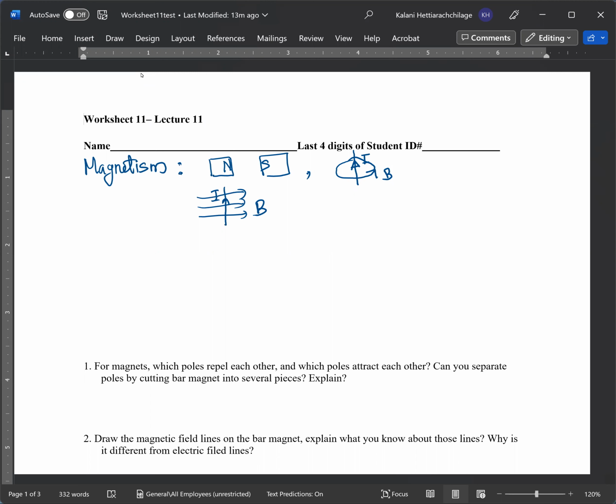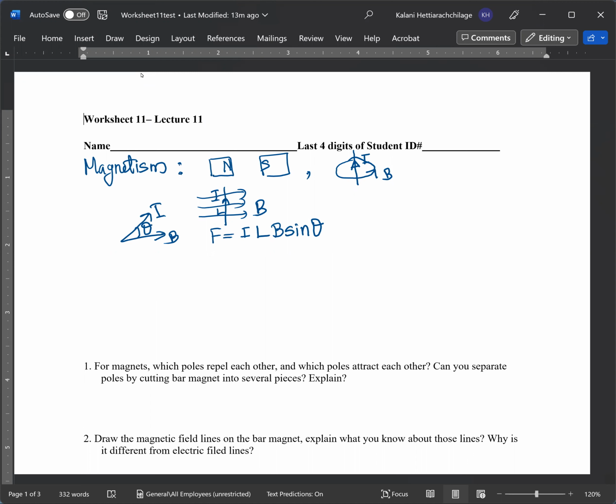We use the right hand to find that direction. We can calculate the magnetic force by using I, the length of the wire, B, and sine of theta. Theta is the angle between the current direction and the B direction, right?